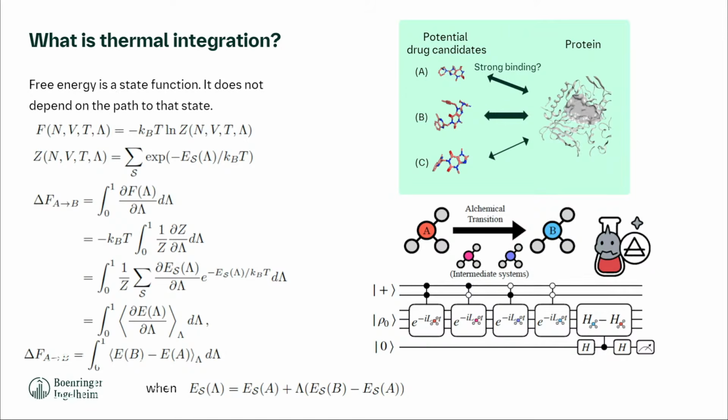And we actually can choose a path that's linear, and then you just need to interpolate between Liouvillians between your two systems, and that's what you see here.